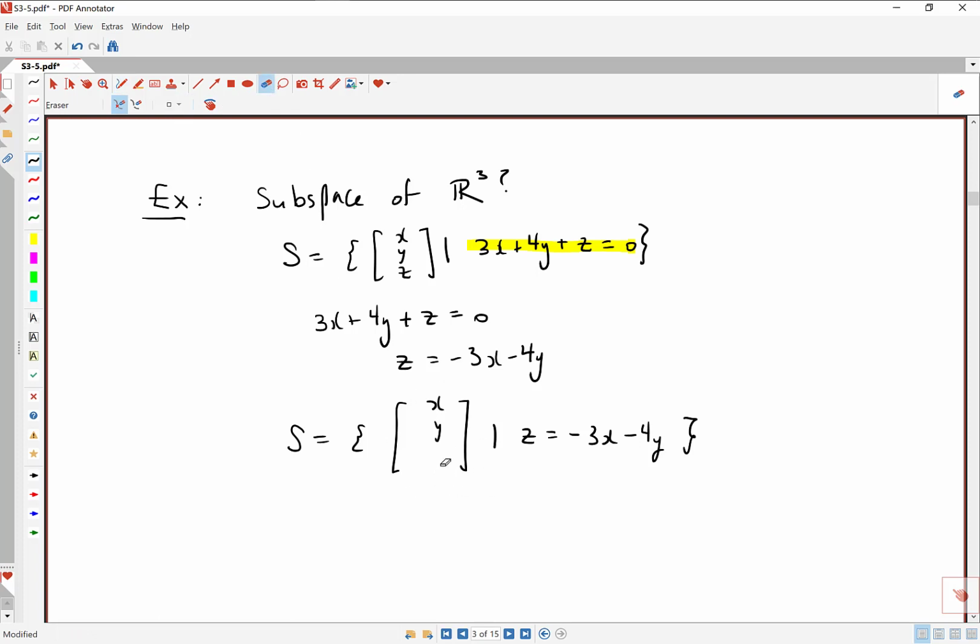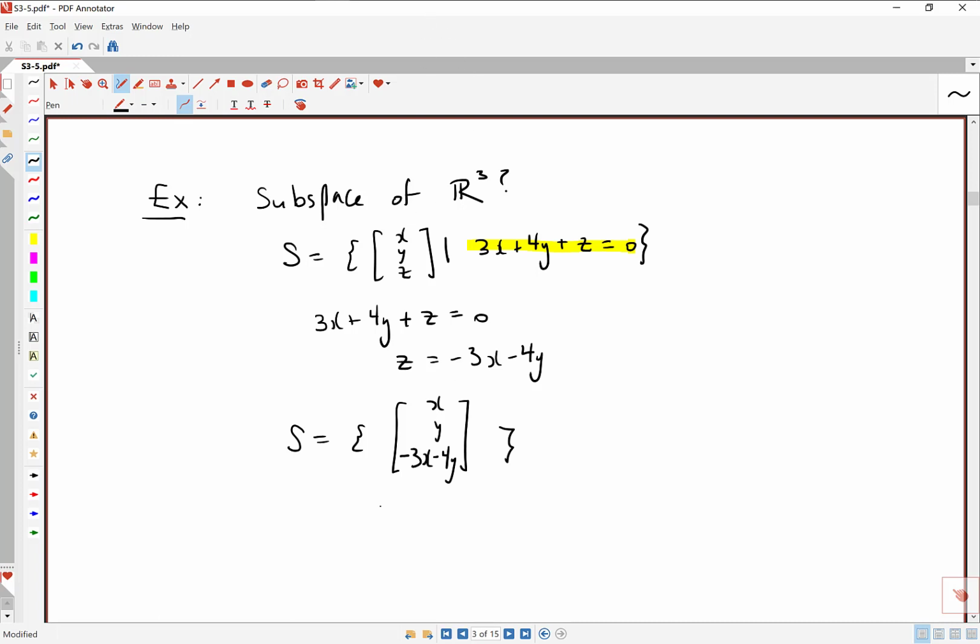We could just replace the z with this restriction that we've just figured out. So we could just put the minus 3x minus 4y right in there. Then we're saying it's a set of vectors in R3 that look like this. First two components can be anything, but the third component is then forced once we know what the first two components are. So we're going to see if we can describe this as a span.